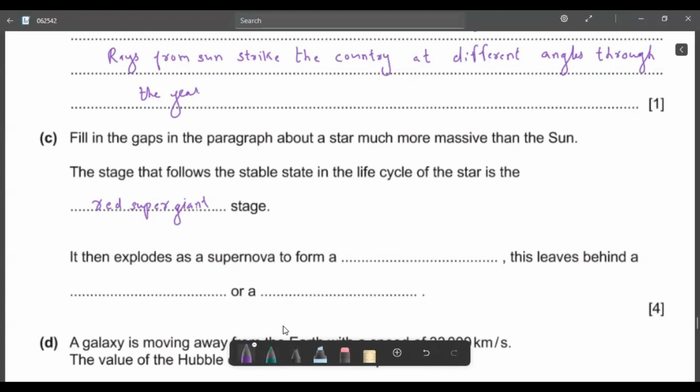It then explodes as a supernova to form a nebula. This leaves behind a neutron star or a black hole.